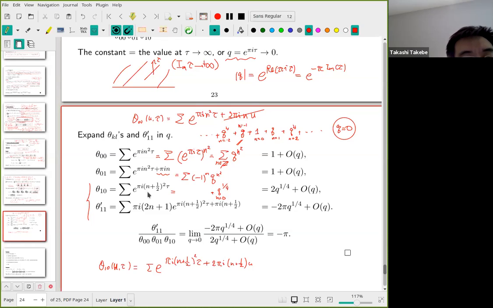And when n is -1, this is -1/2. So we have again q to the 1/4.